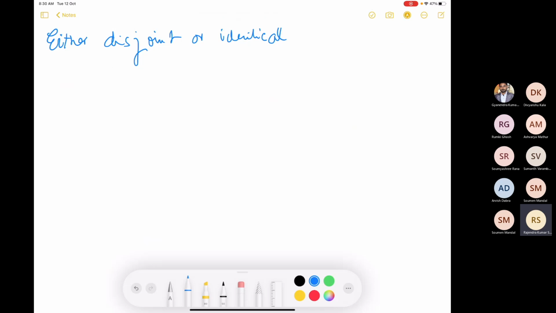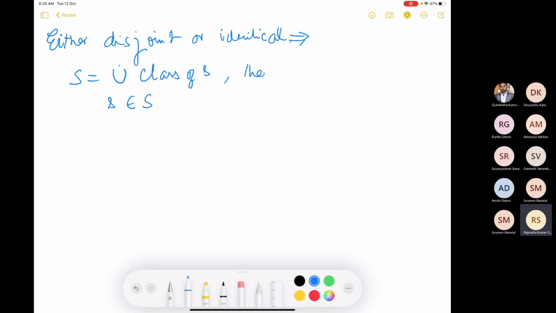What do we get is that S is the disjoint union of the classes of elements S, and S runs here.